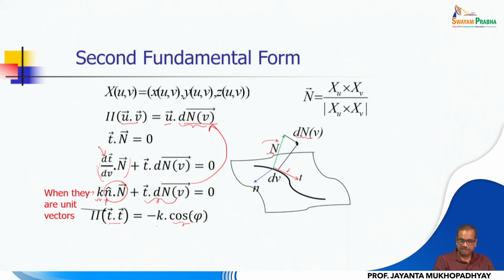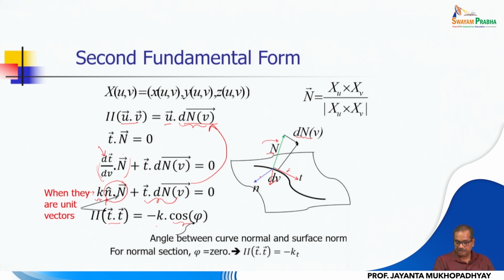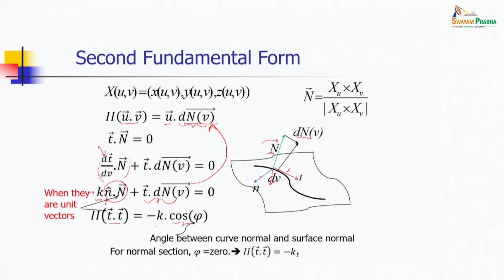and if it is a normal section, the angle between them would be 0, and we can show that this is equal to the curvature at that normal section, kt.